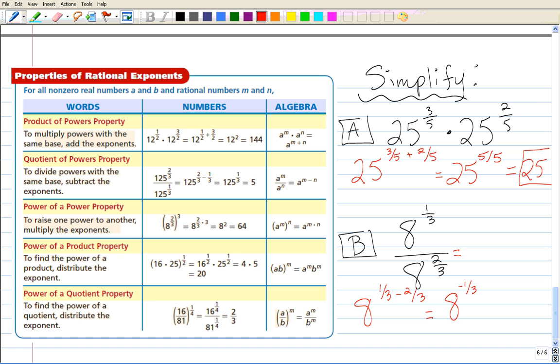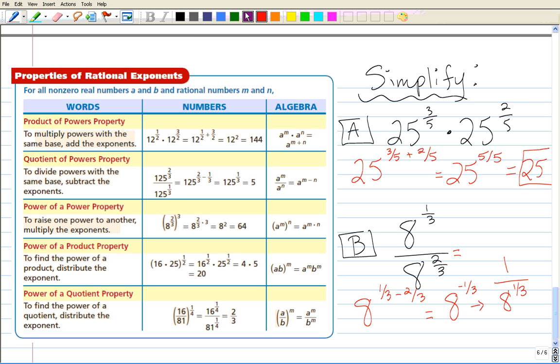And we have something here called the negative exponent property. Whenever you have a negative exponent and you want to make it positive, flip it from the numerator to the denominator or vice versa. So this will turn into 1 over 8 to the positive 1/3 power.